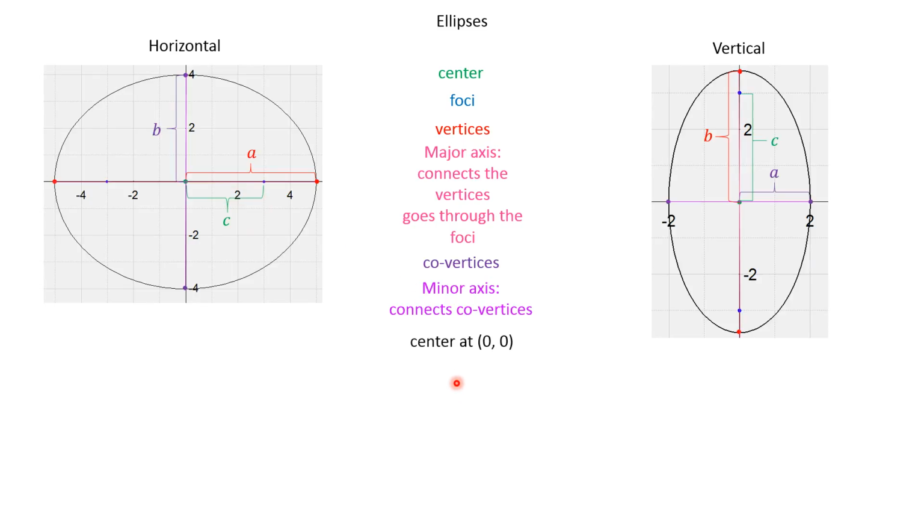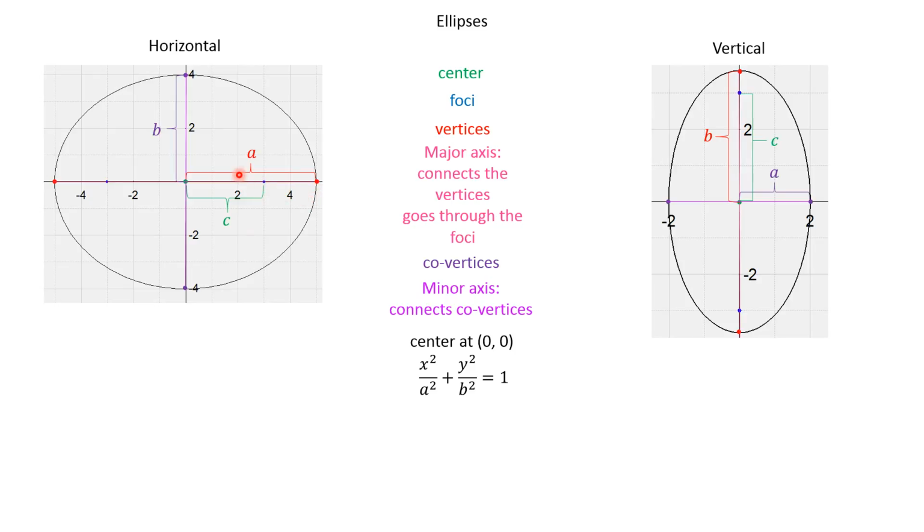If our center is at (0, 0), the equation is x squared over a squared plus y squared over b squared equals 1. X squared over a squared, the horizontal radius, plus y squared over b squared, the vertical radius, equals 1. I mentioned that a circle is just a special case of an ellipse.